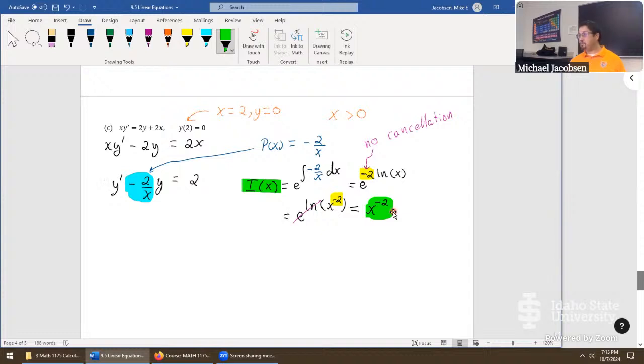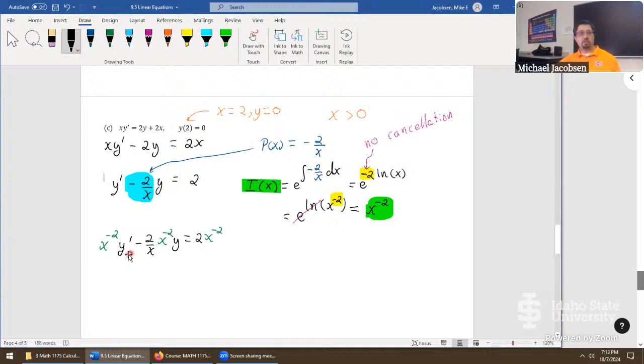Okay, next, we take that x power -2, multiply both sides of the equation by it. So our next line, we're now focusing over here on the differential equation again. We have x power -2 multiplying y prime, times, let's make -2 over x times x power -2 multiplying y equals 2 times x power -2.